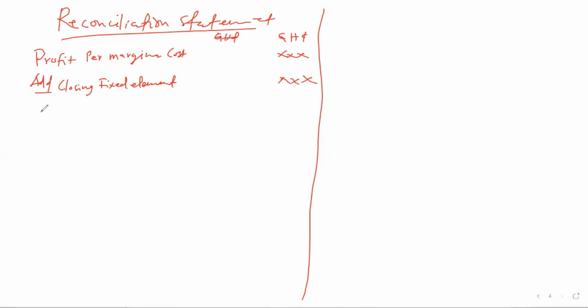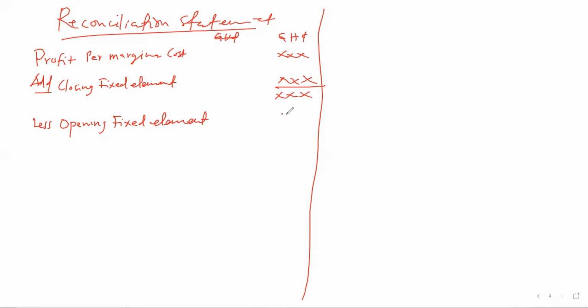Then you less, sometimes in the questions you have opening. If there is opening unit in the question, you less the opening fixed element, which is the opening unit multiplied by the fixed cost per unit, which is what? 1. Depending on the question, you less that one as well.